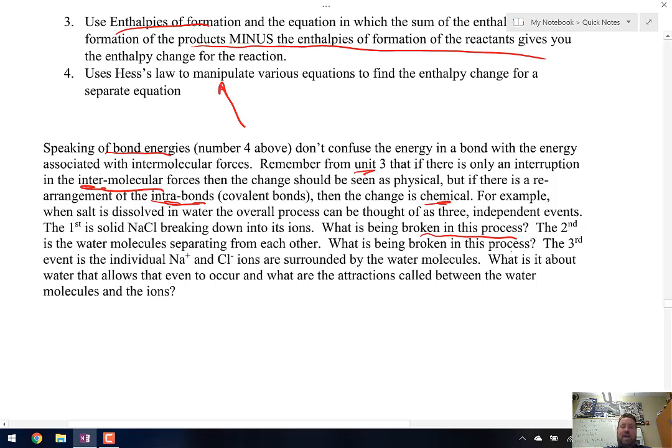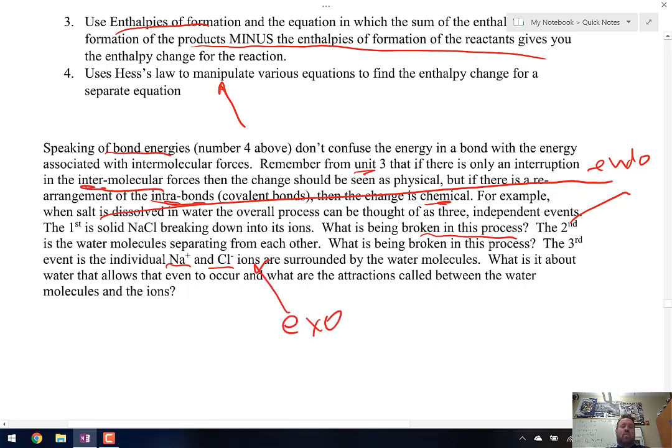In that case, it's just water separating, and so that is an intermolecular attraction that's being broken. And remember, those first two are both endothermic. Then the third event is the individual sodium and chloride ions being surrounded by water molecules. And again, that is absolutely an exothermic process.